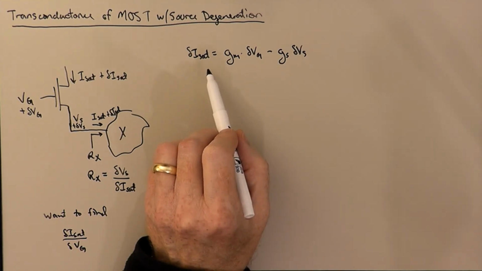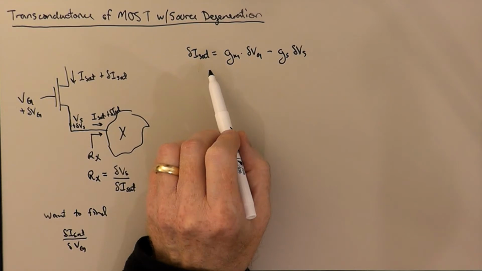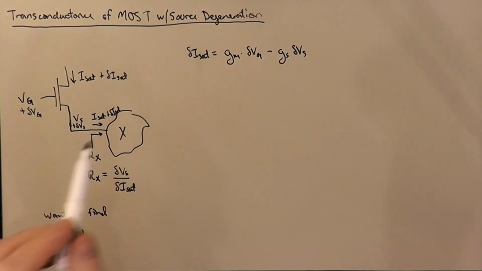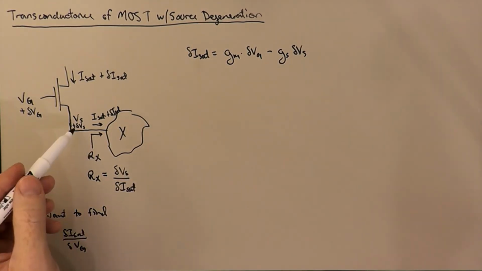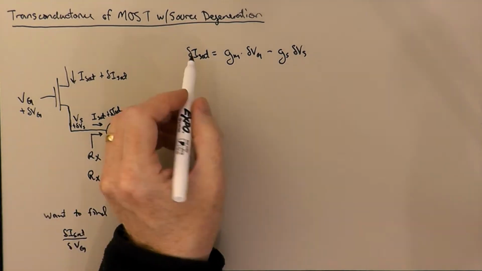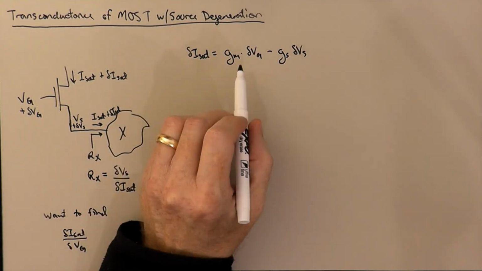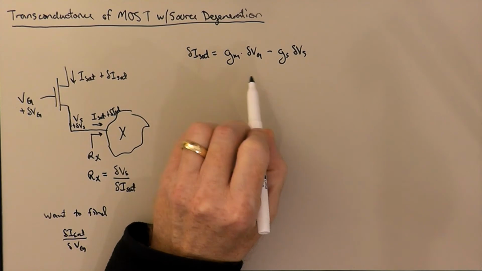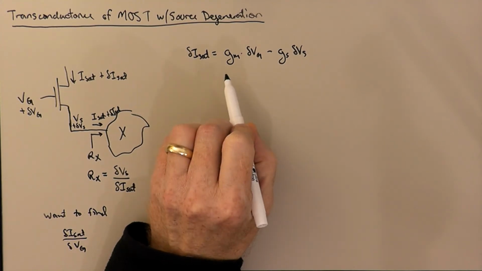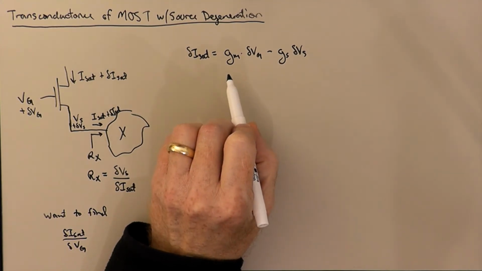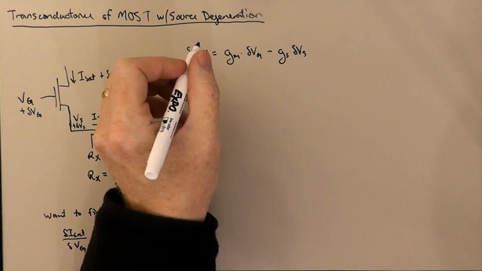This would come by differentiating or expanding the EKV forward current in a tangent plane approximation about the point VG, VS, and suppressing the constant term and just keeping the first order term. So that's what this is. This models the incremental properties of the MOS transistor in saturation.